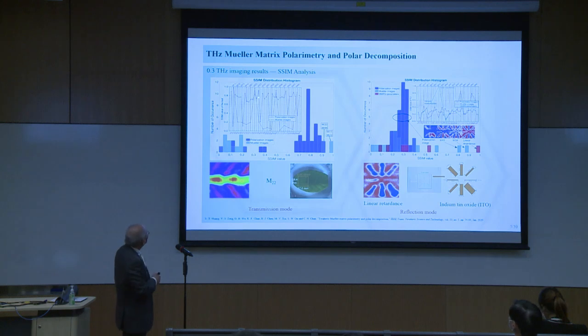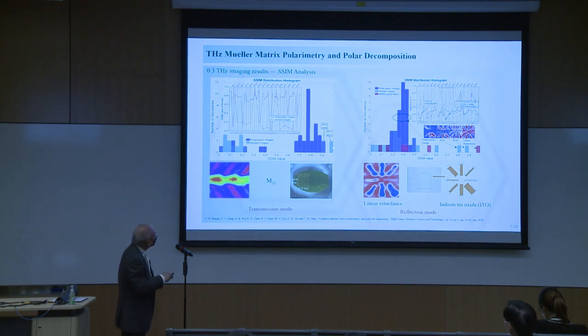So when we construct the Mueller matrix image at the terahertz frequency, in this particular case it is transmission mode imaging of a piece of leaves. It turns out that the goodness of the image is predicted by the so-called similarity, the SSIM analysis.